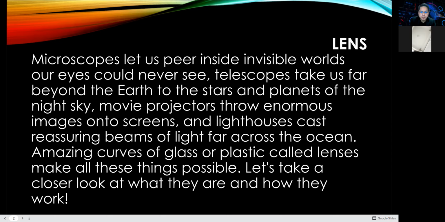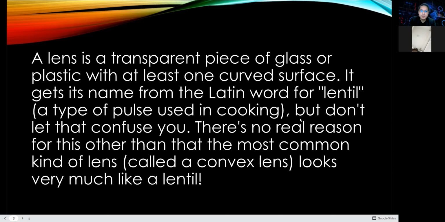Let's take a closer look at how they actually work, okay? A lens is a transparent piece of glass or plastic. Some of the eyeglasses are made out of plastic, but as clear as glass, okay?